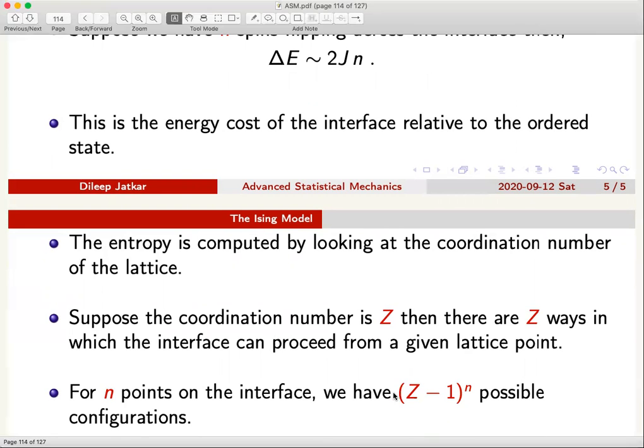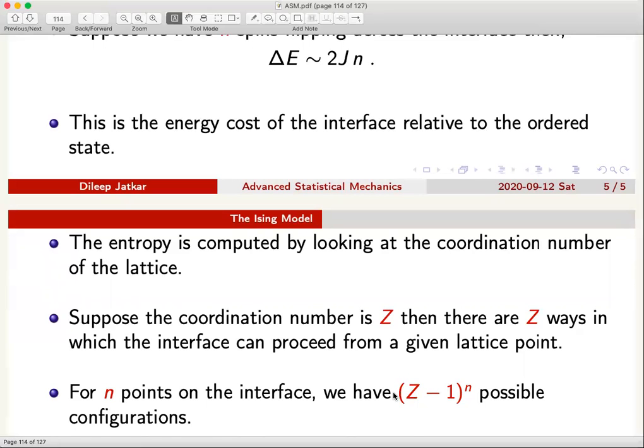So if along some nearest neighbor direction you arrive at a particular lattice site, generating an interface coming to that point, then out of the z points that are available to a particular lattice point, one of them is the one from which there is an incoming interface. That interface can progress in the other directions, but the number of directions available in that case is only z minus 1.